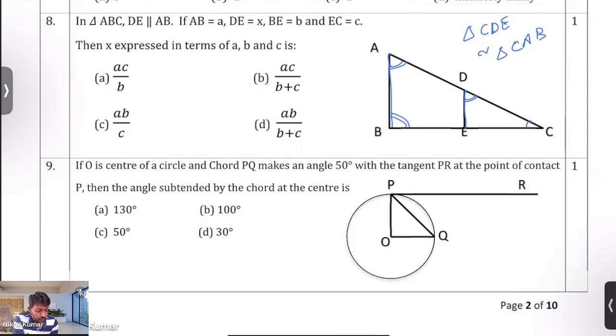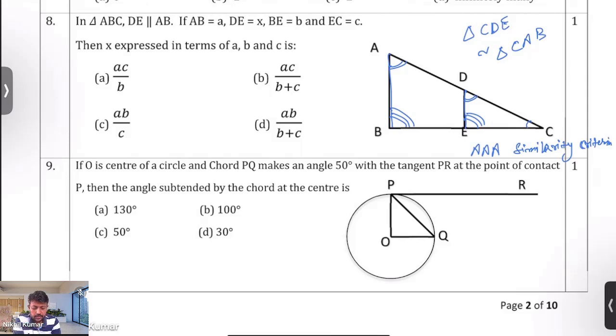Similarly, these two angles are also corresponding angles. So from AAA, angle, angle, angle, similarity criteria, we can say that these two triangles are similar.